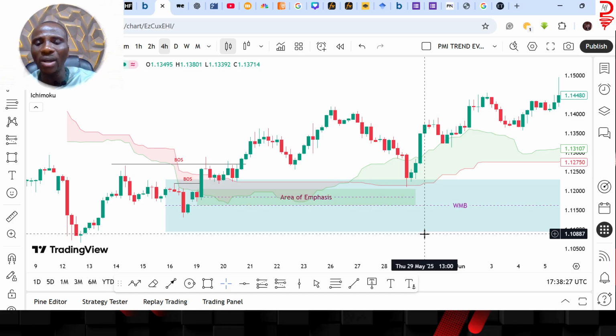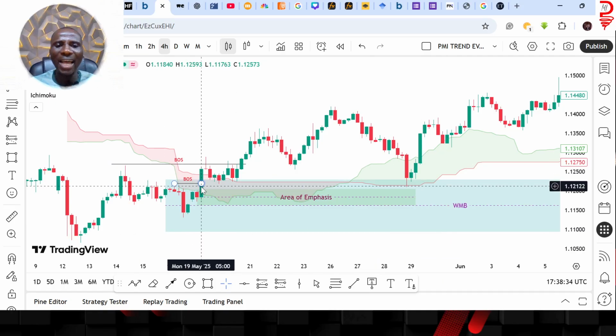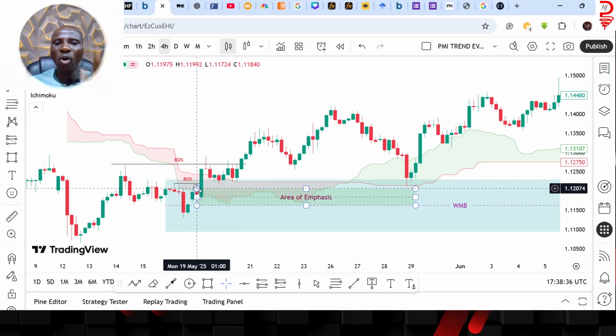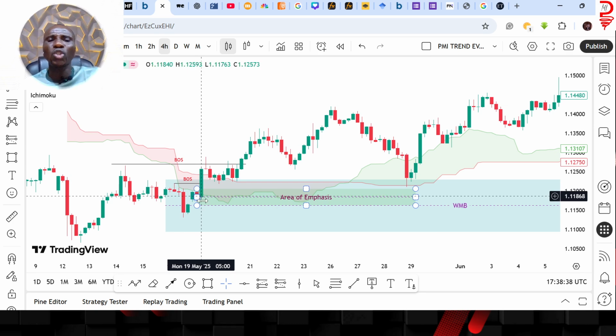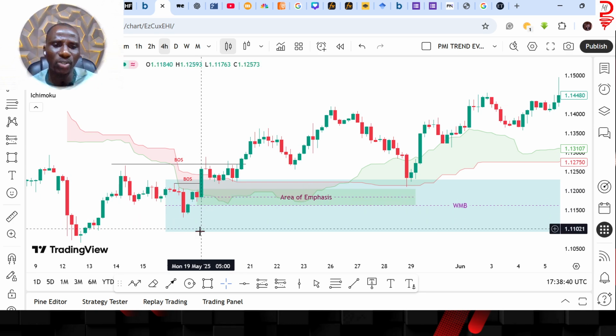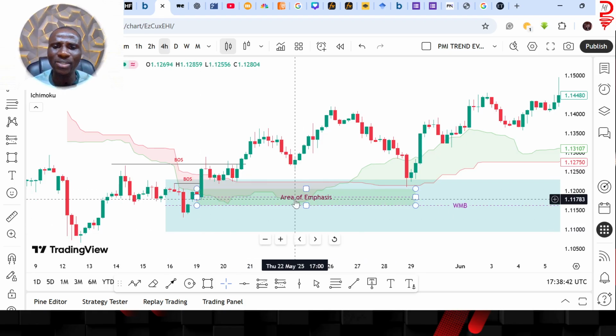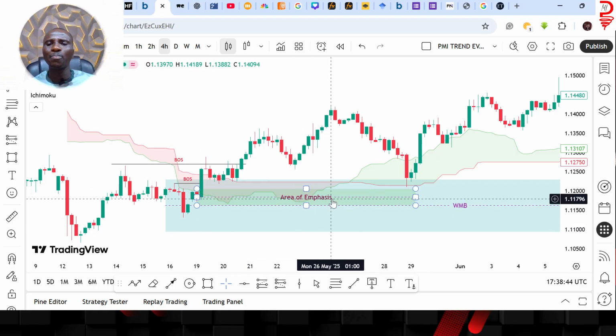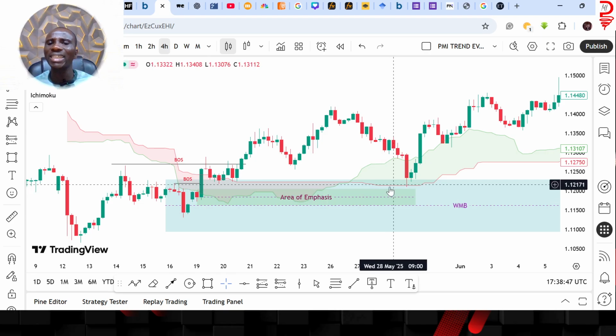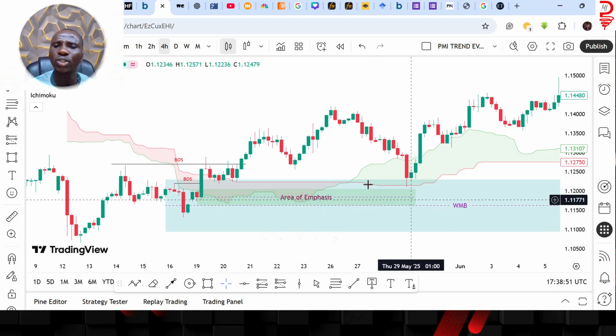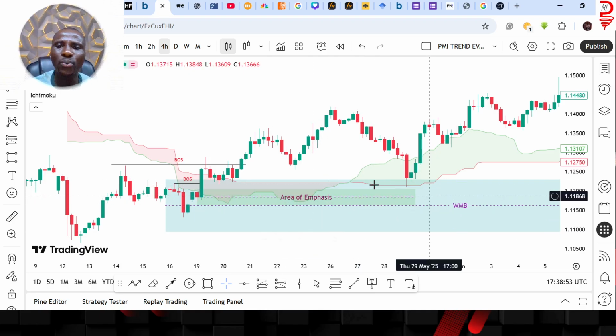Remember, our money box is the area of interest. The area of emphasis is the origin of any break of structure within the money box. If the market can trade back into this place, there should be enough money that can push this price up.